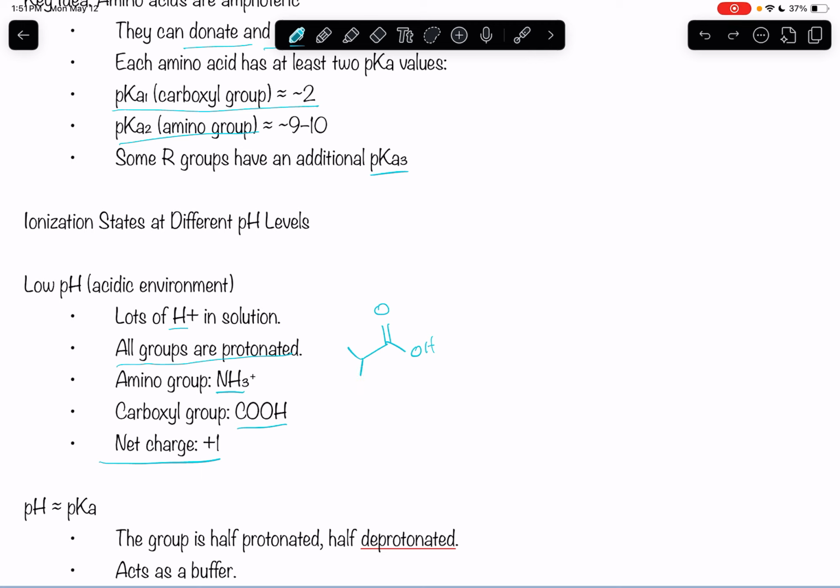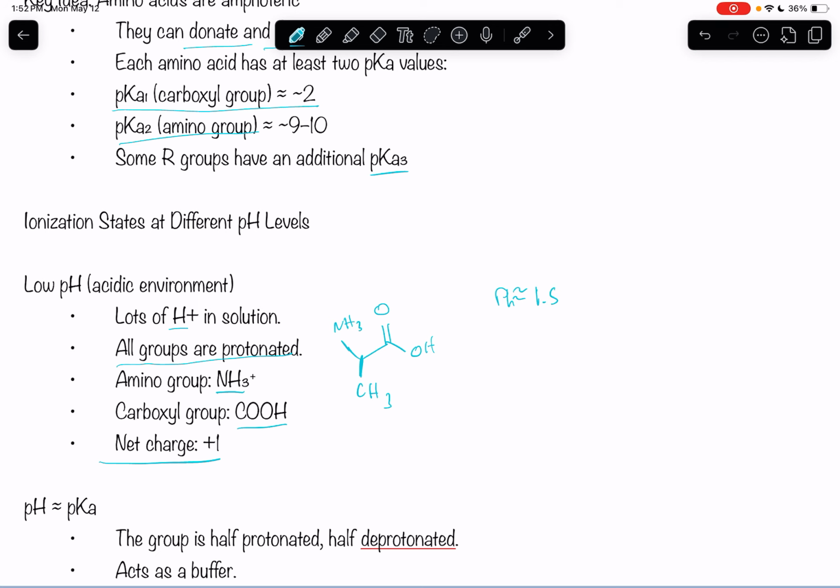So if we have, we're going to draw alanine. So for this one, let's say low pH, we're going to say really low, like under this, right? It needs to be under that. So I know a pH of 1.5, right?